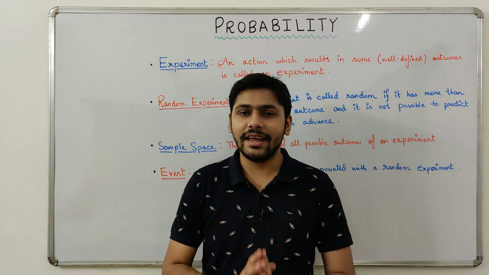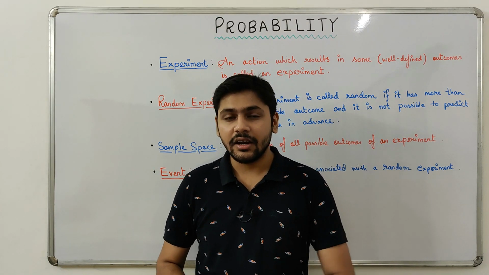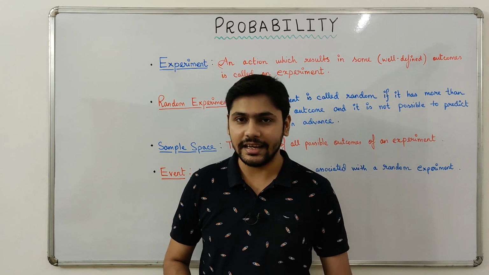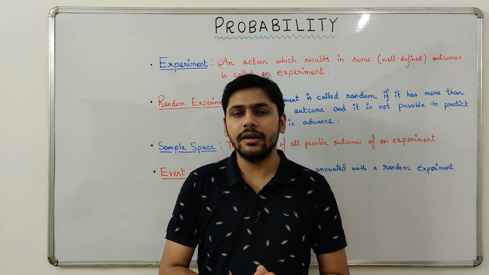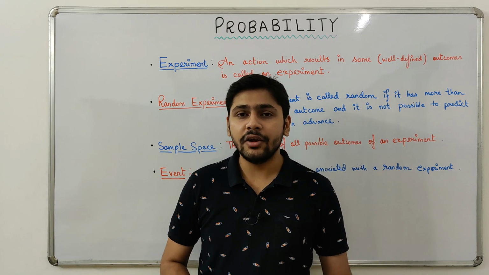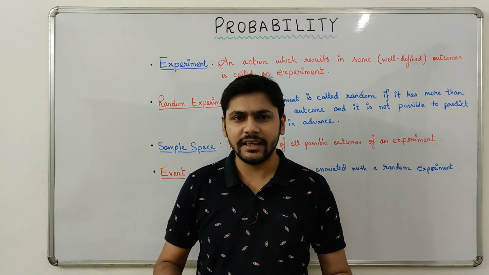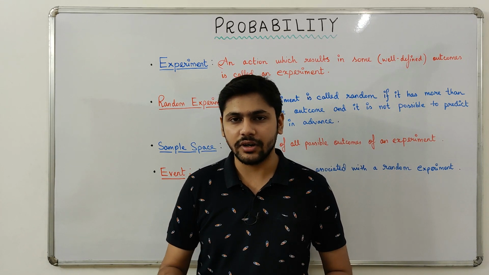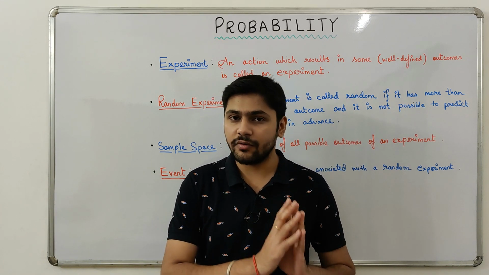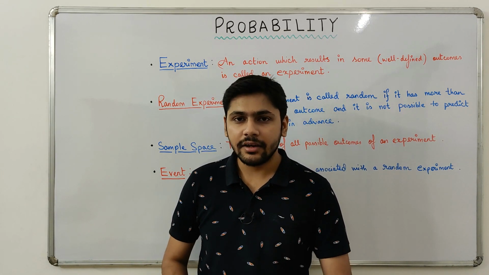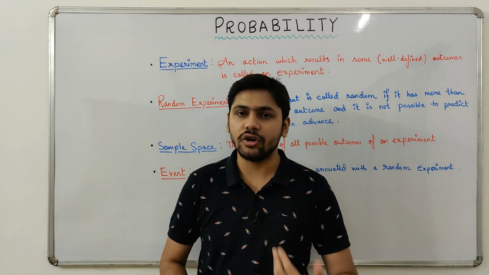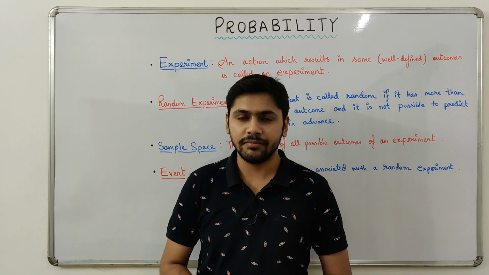So what is probability? Now we often use the word probability in our daily lives without even realizing it. Say for example, what is the probability of raining today? We say 60% chance है आज rain होगा, 70% chance है आज बारिश होगा. So probability is used over there. Say what is the probability of the winning of India against Australia in this test match? So we use probability over there also.